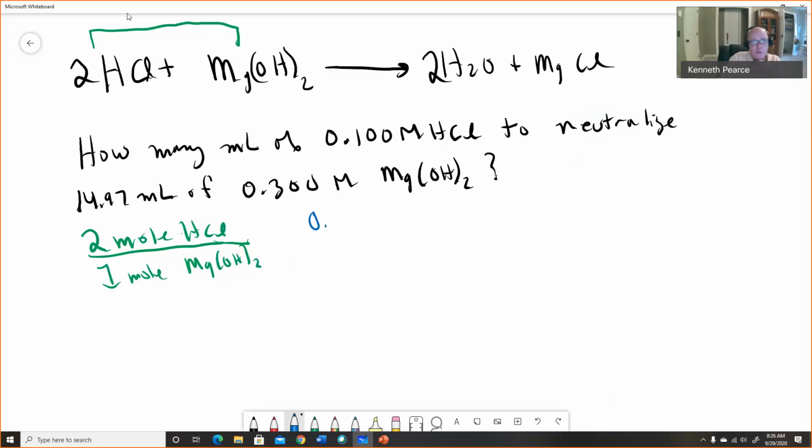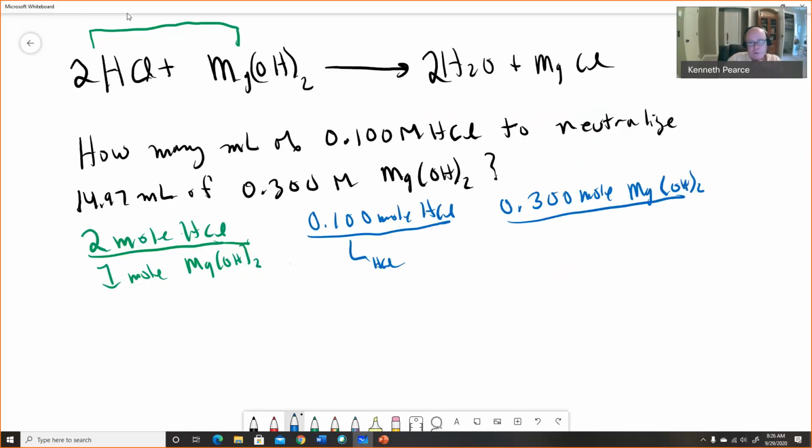That would be 0.100 mole hydrochloric acid for every liter of hydrochloric acid solution. And the other molarity is 0.300 mole magnesium hydroxide for every liter of magnesium hydroxide.